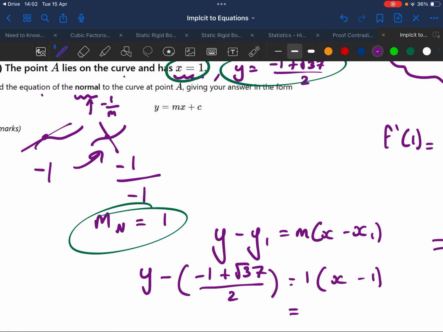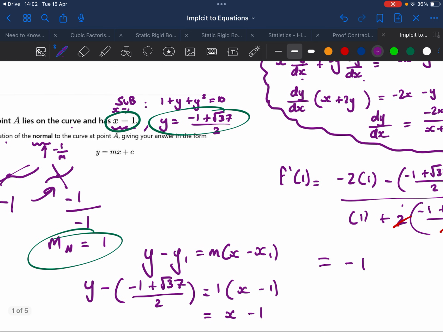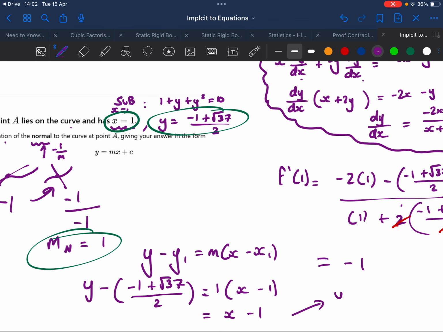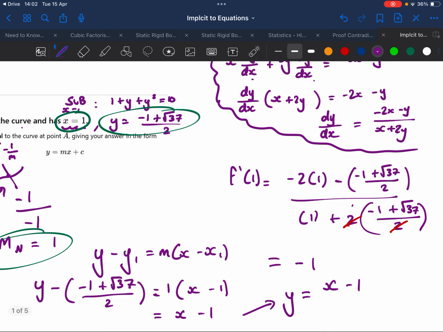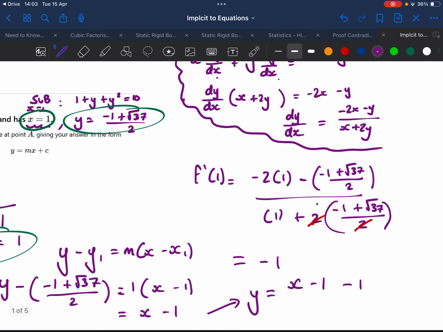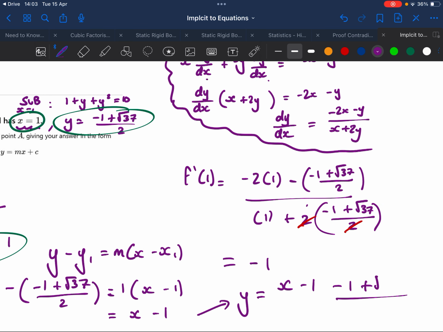So over here, this gives you x minus 1. And then I'm going to add this result to both sides for the other part. So I would get y equals x minus 1, and then I'm going to think of adding this piece to both sides. So I'm going to do minus 1 plus root 37 over 2.